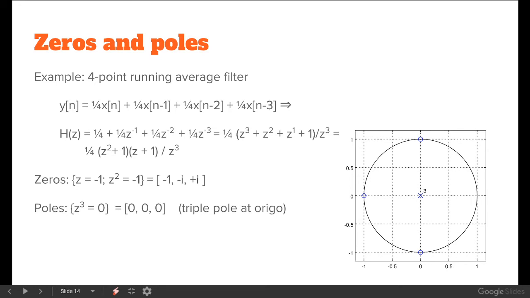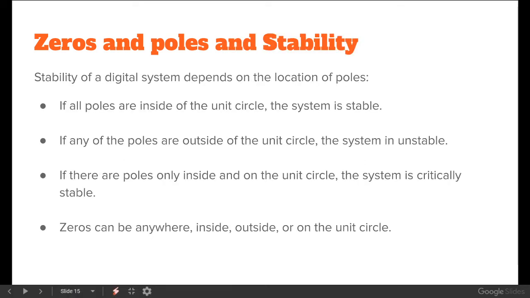Remember, now we are dealing with complex numbers. So an nth order polynomial has exactly n roots. And then the stability. The stability of a digital system depends on the location of the poles. The same as analog systems: the S-plane poles should be on the left-hand side of the S-plane.